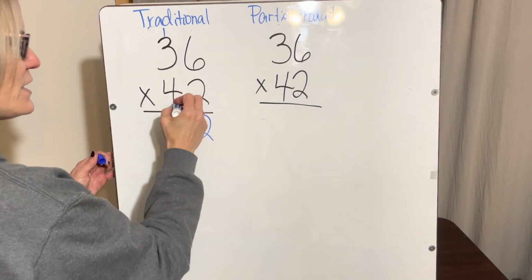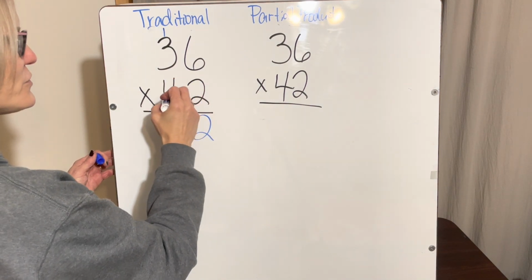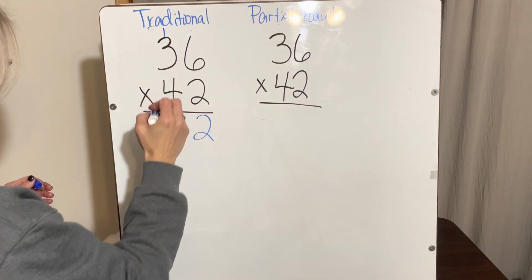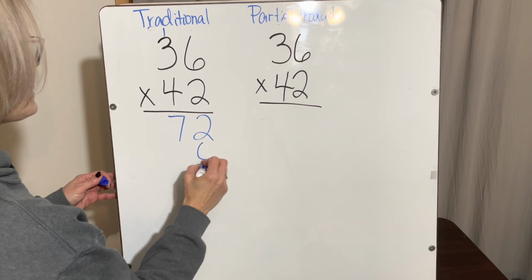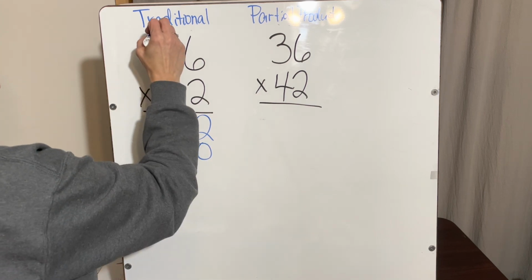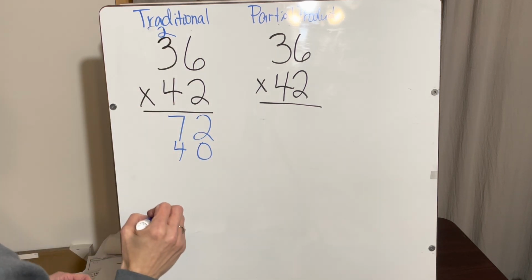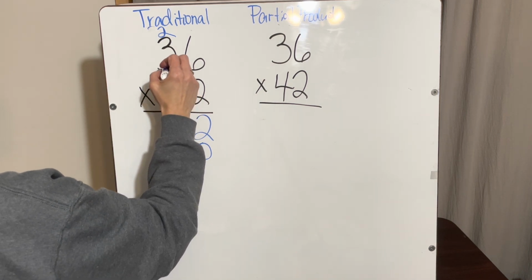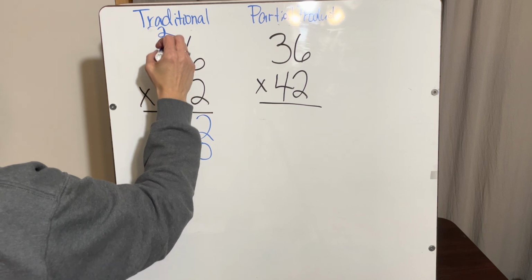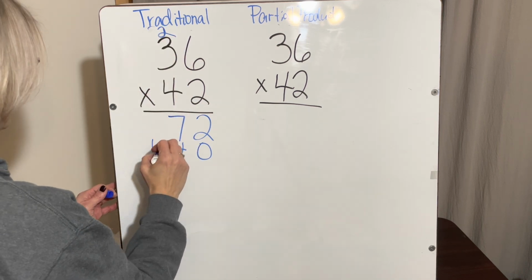However, I have to remember, this is a 40. So this is actually 240. So I have to carry my 2. Okay, so now I've got 4 times 3, which I know is 12, plus 2 is 14.